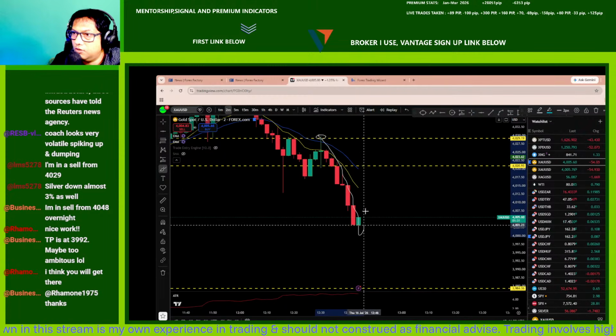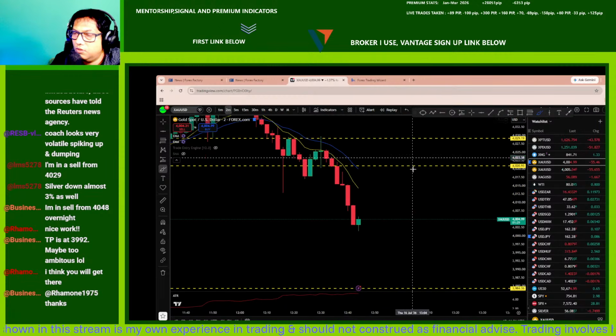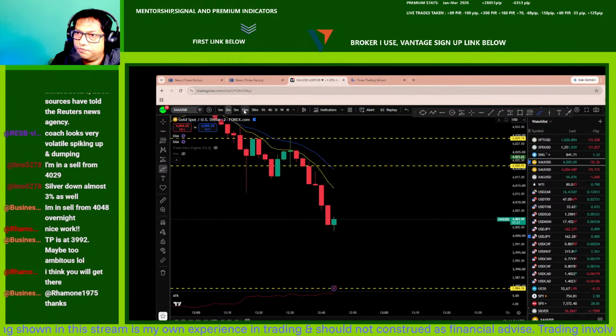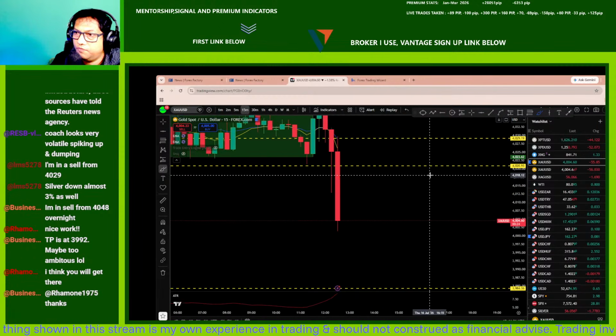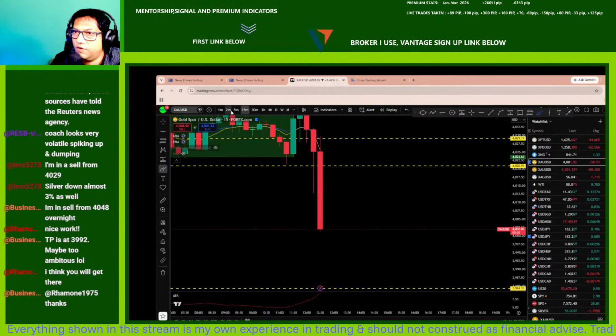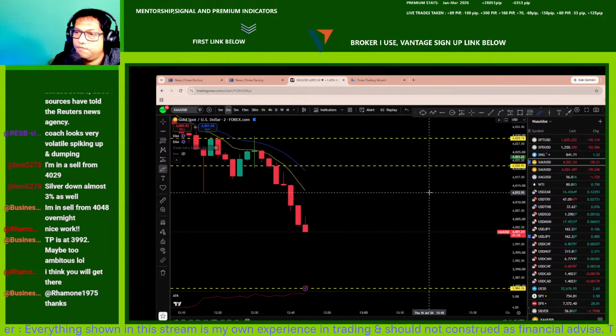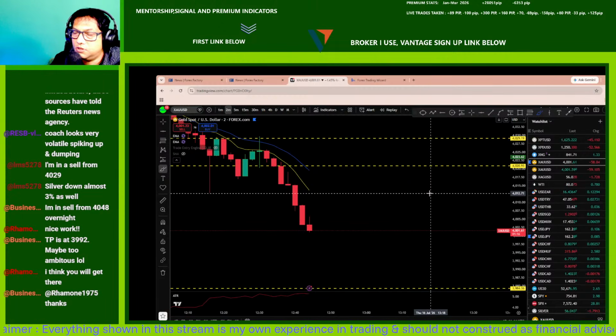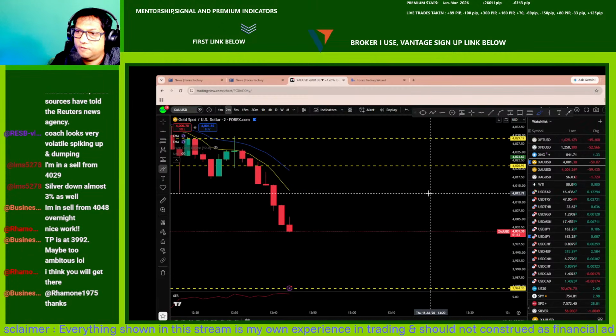Okay, and we were looking at for now this pullback zone again to be able to go for short. Looks like very sharply bearish. It's just being sold off here.